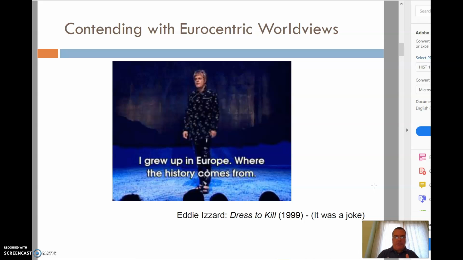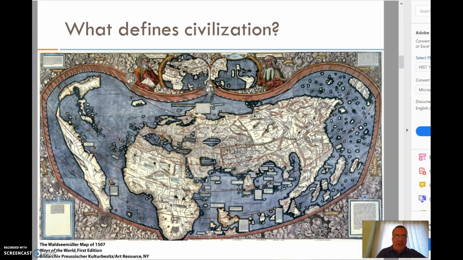In one way, shape, or form, we're looking at present day Chinese society that goes back 2,000 years. So there's a lot to the world than just Europe. So, speaking to Eddie Izzard's joke here, that's another reason why we would study world history and make a case for studying world history. Which brings us to the question of what defines civilization.